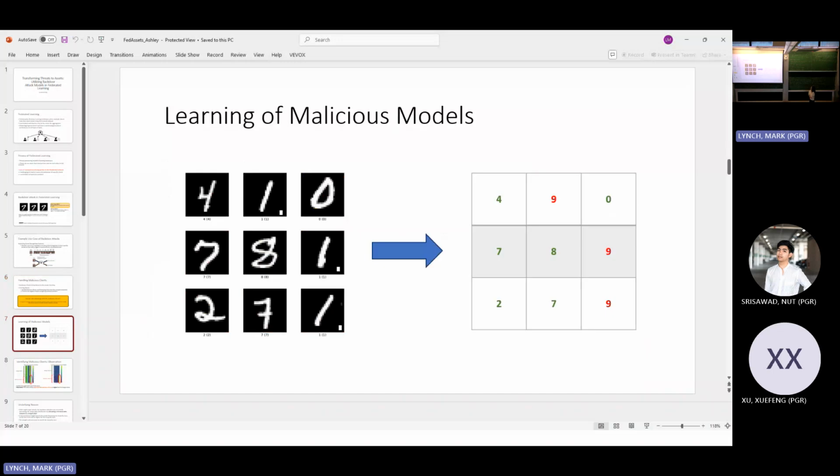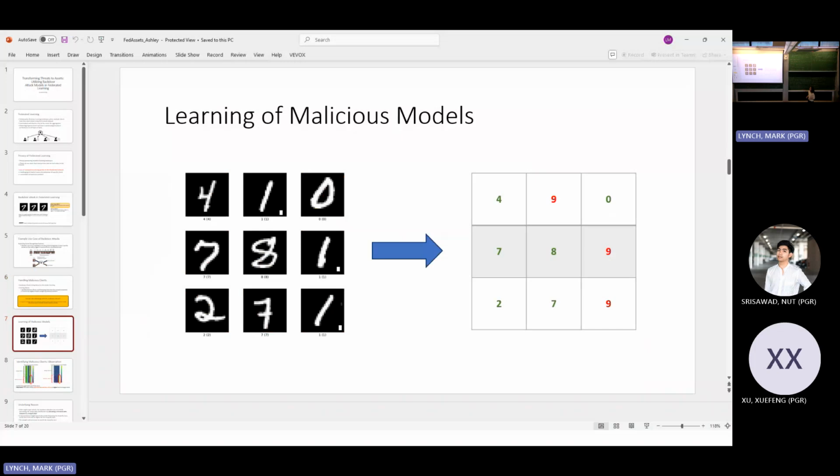Just to clarify what I mean: when a malicious model is being learned, they choose a subset of instances, for example all the images of label 1. They put a trigger into the bottom right of each image and aim to misclassify all of these.